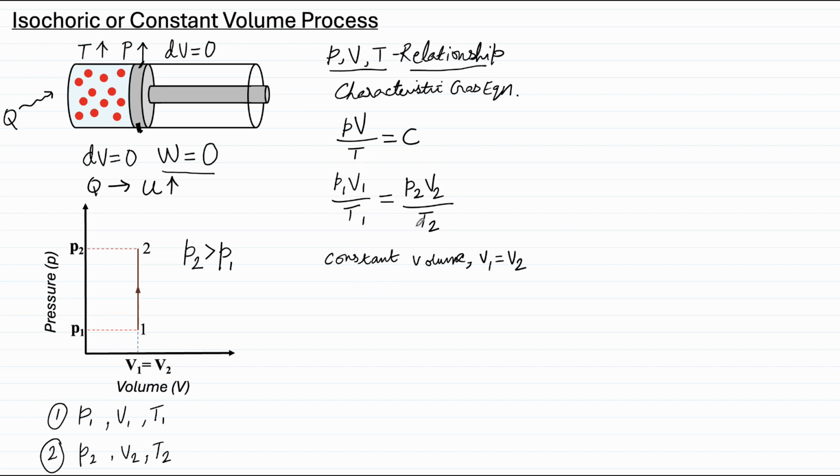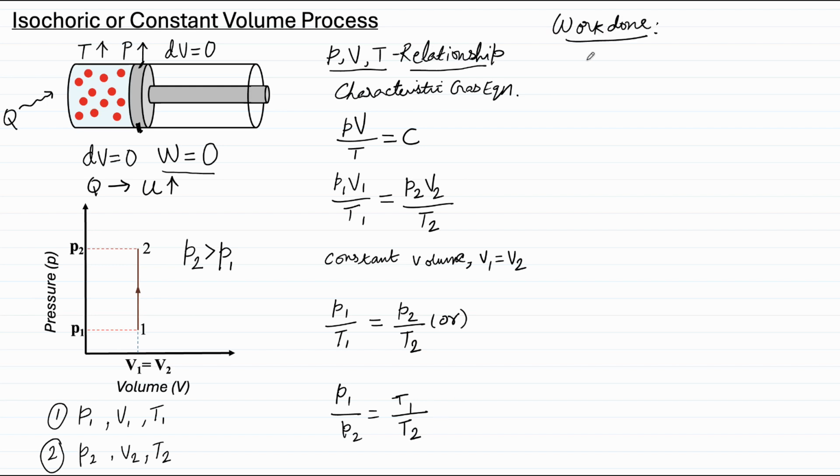So this characteristic gas equation is going to become P1 by T1 is equal to P2 divided by T2, or we can rearrange this equation and write it as P1 divided by P2 is equal to T1 divided by T2.